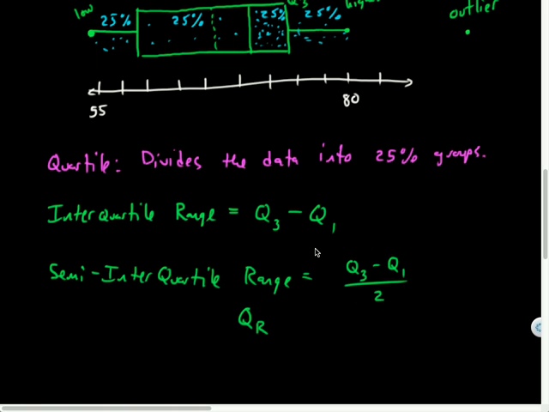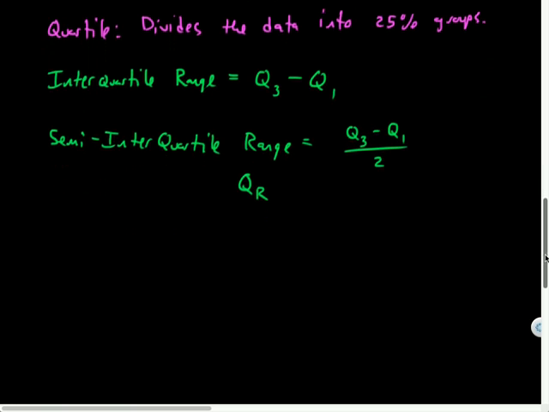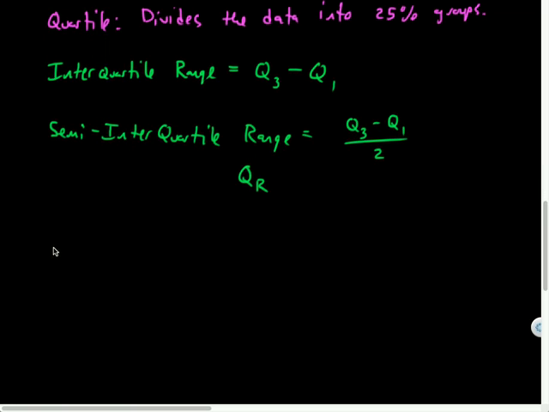And you might say, well, what's the value in the semi-interquartile range? It's just more ways of analyzing the distribution of our data. And the thing that we use the interquartile range for is in calculating whether or not an outlier exists. All right, so outliers, I'll define this for us.